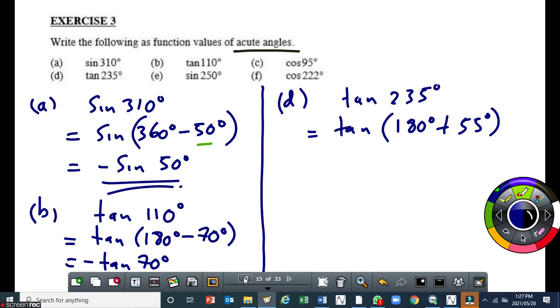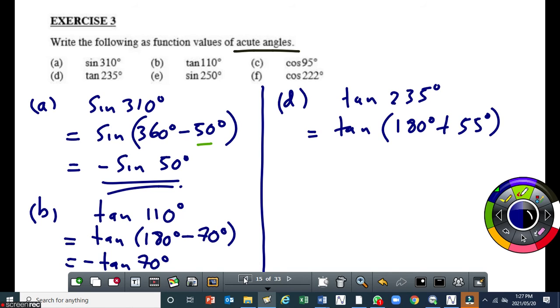The reason why we don't use 270 degrees is because one revolution is 360, 180 degrees is half a revolution, 270 is three quarters, and 90 degrees is a quarter of a revolution. When it comes to the reductions, our reference angles are 180, which is half a revolution, and 360 degrees.